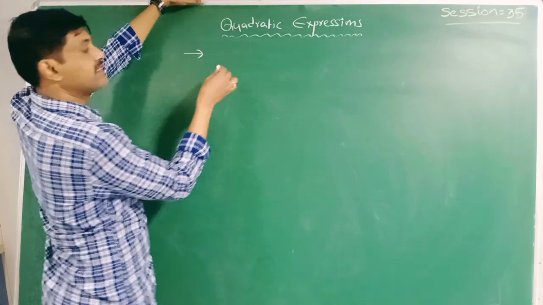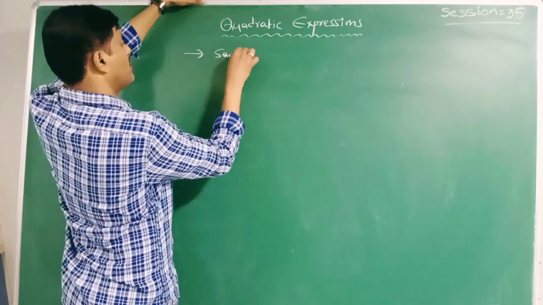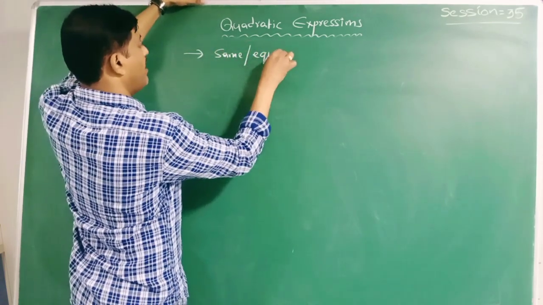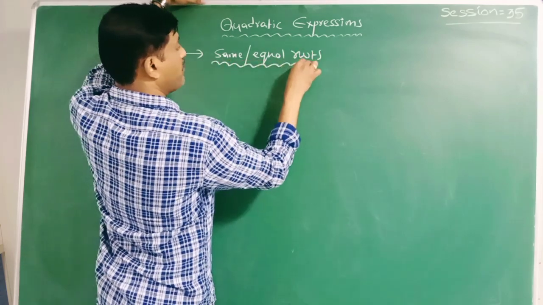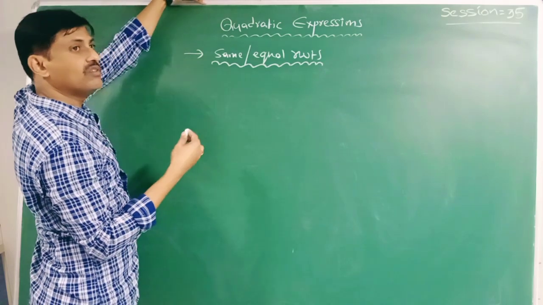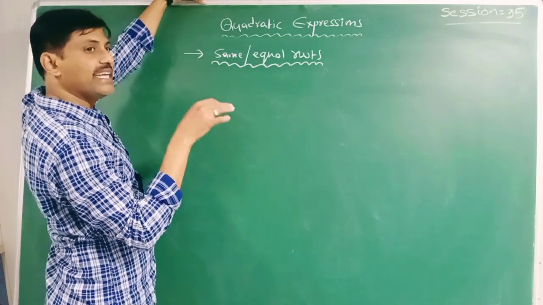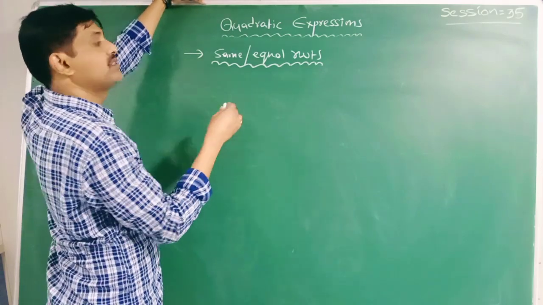Next, same or equal roots. Same or equal roots means what? The given two quadratic equations having same roots.